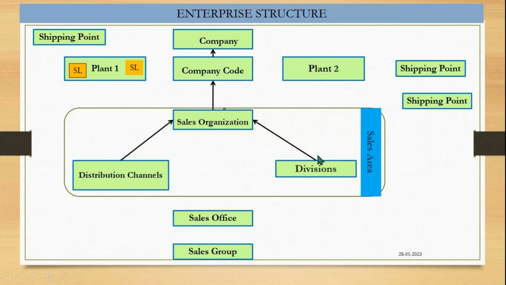To perform any sales transaction, either an inquiry, quotation, standard sales order, cash sales, rush order, third party sales, intercompany sales, consignment sales, whatever it is, fill up, issue, returns, pickup, then outline agreements, either a contract or scheduling agreement.